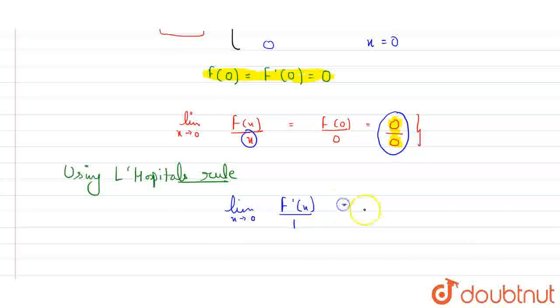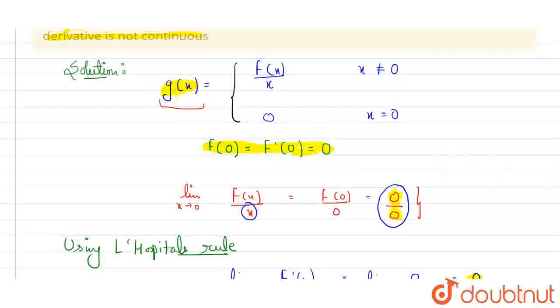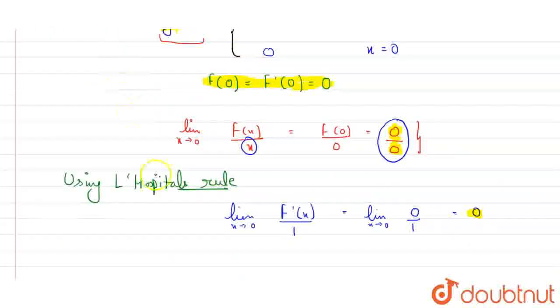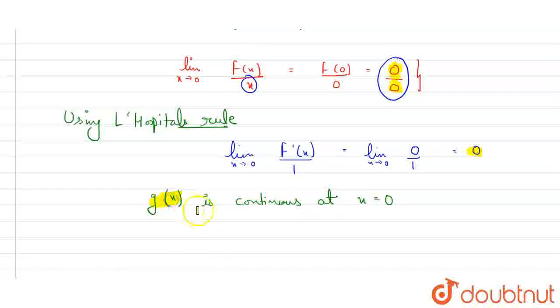The value of f'(0) is given to us in the question, it is 0, so 0 upon 1 is equal to 0. We were checking whether g(x) is continuous or not, and I got 0, so I can conclude that g(x) is continuous at x equals to 0. We have proved that g(x) is continuous.